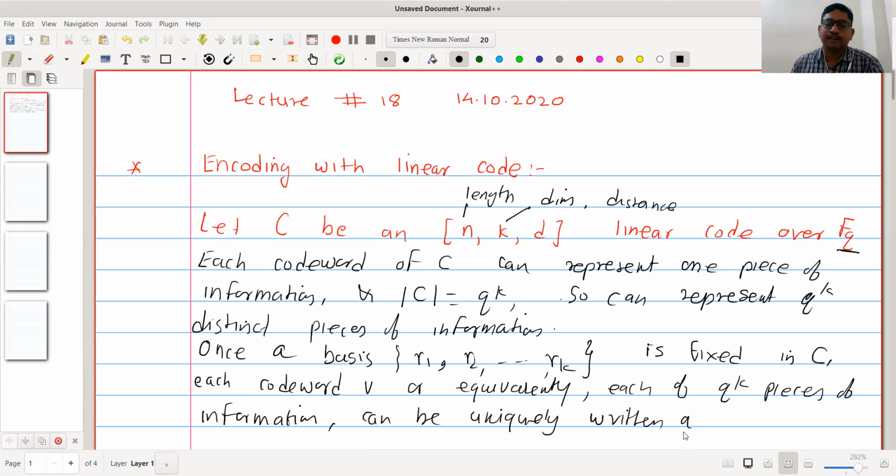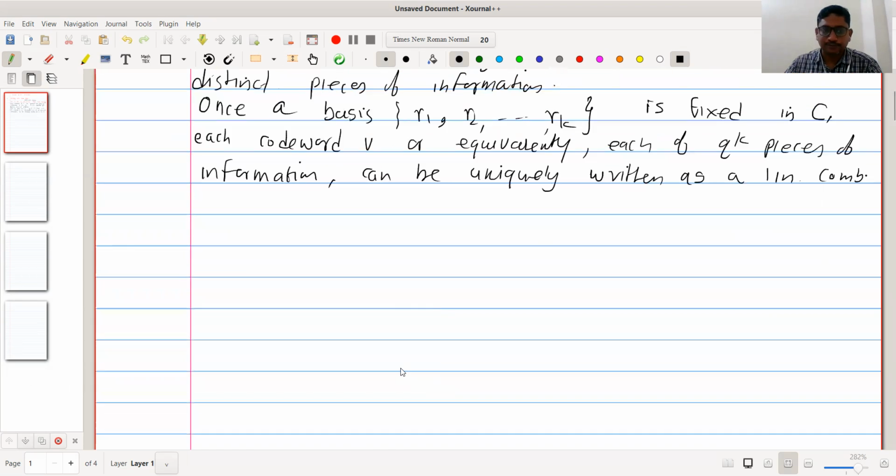As you know, every vector in V can be written as a linear combination of vectors from the basis.